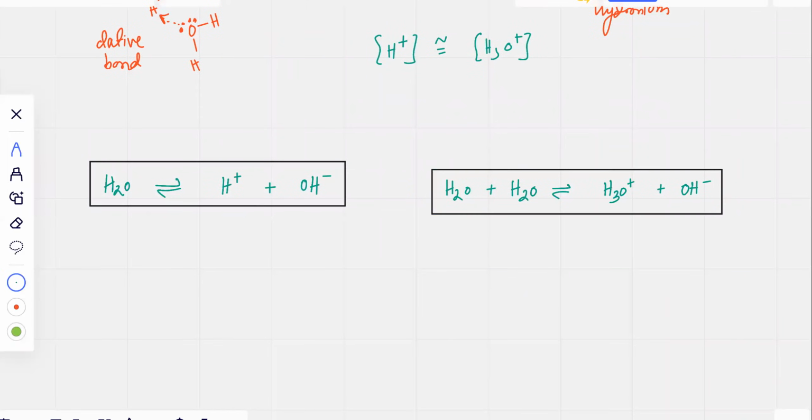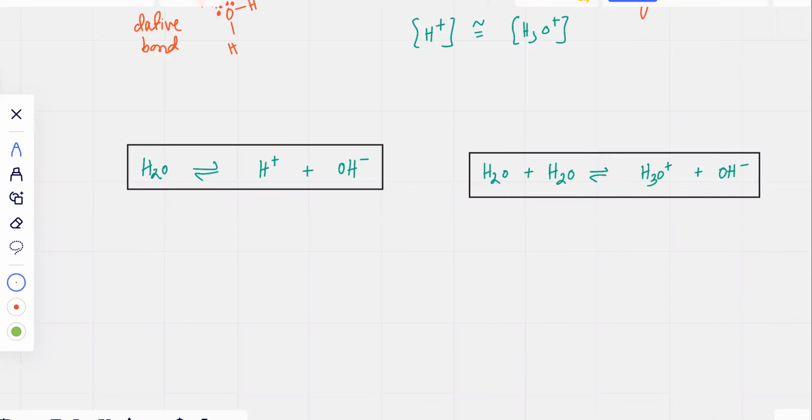And since they are equilibrium reactions, the fact is that water doesn't really ionize. This is something that we were doing in electrochemistry as well. I told you that whenever you have a solution, when we were doing electrolysis, don't take it as H plus 1 or OH minus 1, because the concentration of H plus 1 and OH minus 1 ions is very less. So the fact is that water doesn't really ionize much.